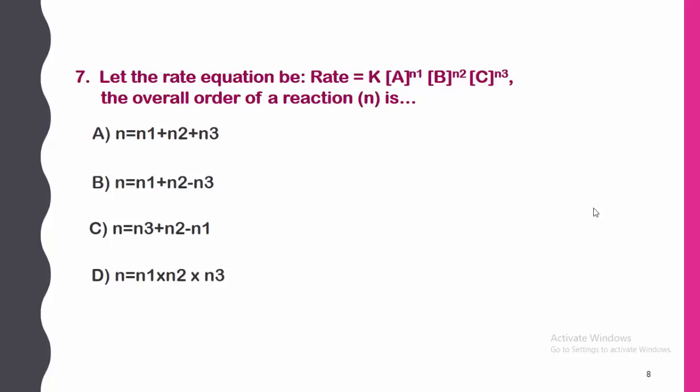Let the rate equation be, rate is equal to K into concentration of A power N1, concentration of B power N2, concentration of C power N3. The overall order of reaction is, very simple question.